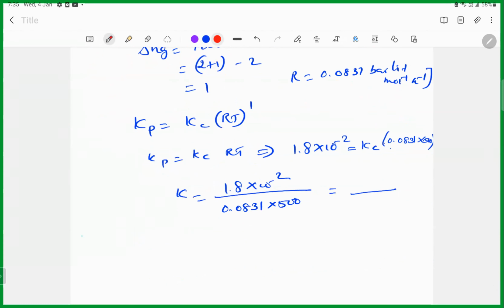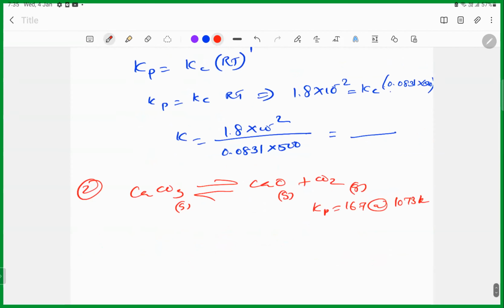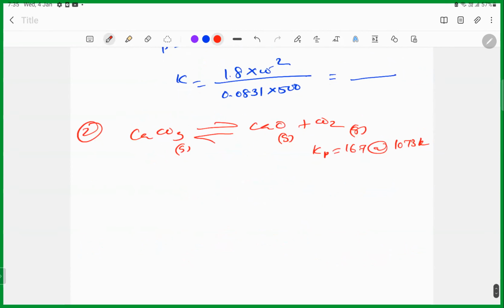And the second equation: calcium carbonate gives calcium oxide plus carbon dioxide. This is solid, this is solid, this is gas. The Kp value is 167 at 1073 Kelvin. Delta Ng you know. Taking it as one mole, 1, and since the others are solids, we can leave them. So delta Ng is equal to 1.